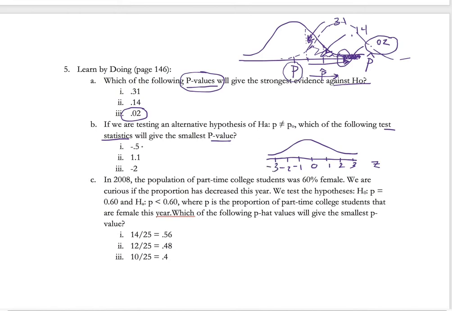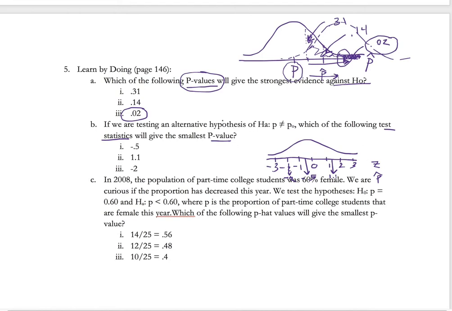A test statistic of negative 0.5 would put something about there. A test statistic of 1.1 is about there. And a test statistic of -2 is there. A test statistic is the z-score of where your p-hat value is.